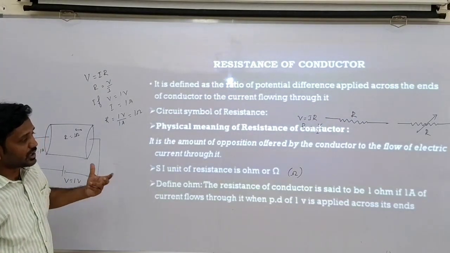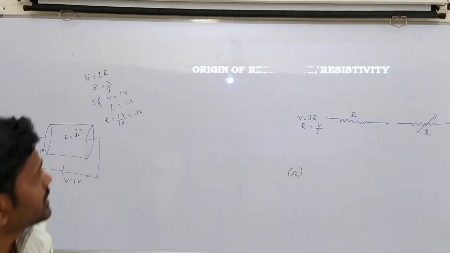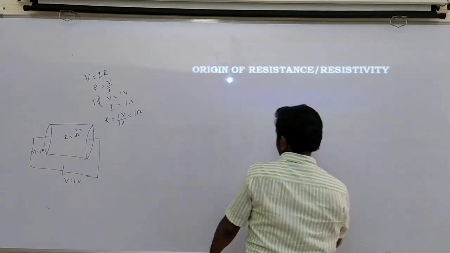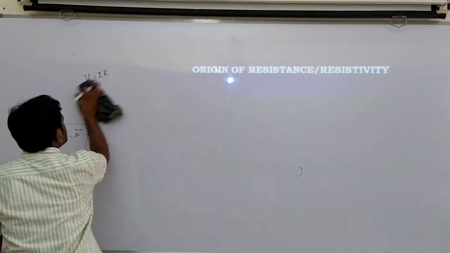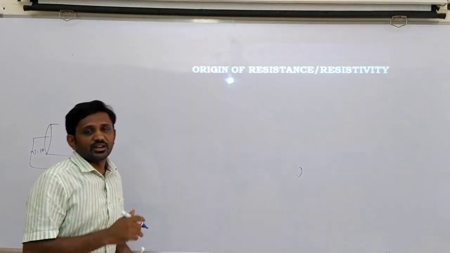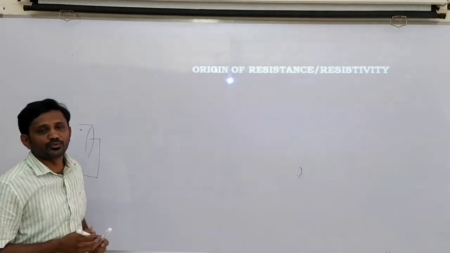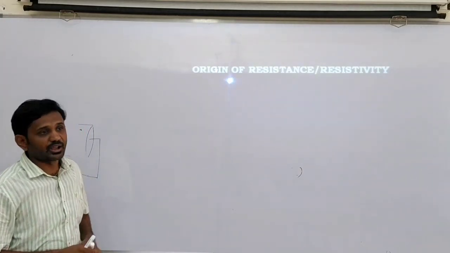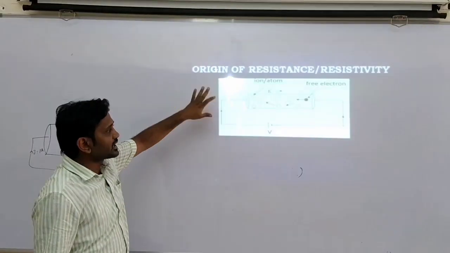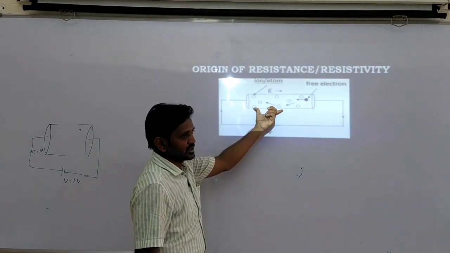Okay. Now, how does the resistance originate in the conductor? How is the opposition offered by the material to the flow of electric current? Now we'll consider a conductor, and here the potential difference is applied across this conductor.